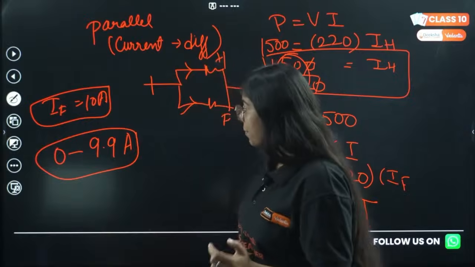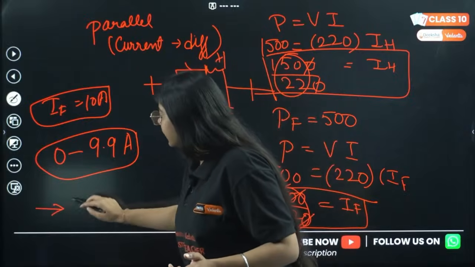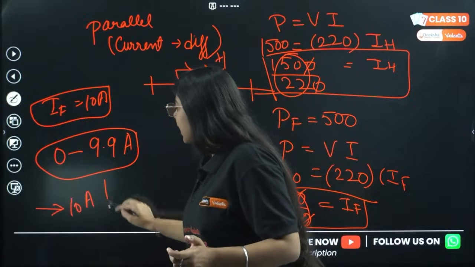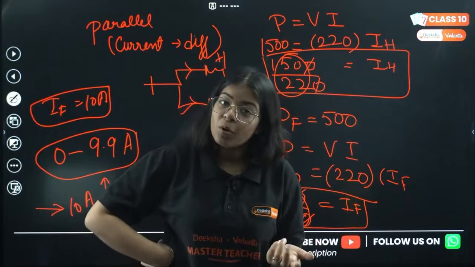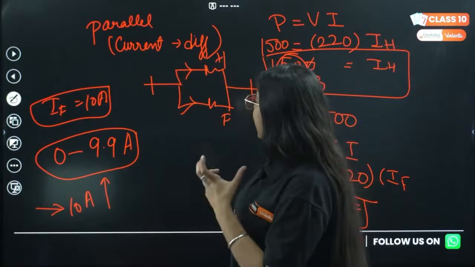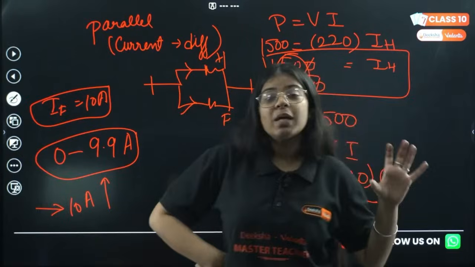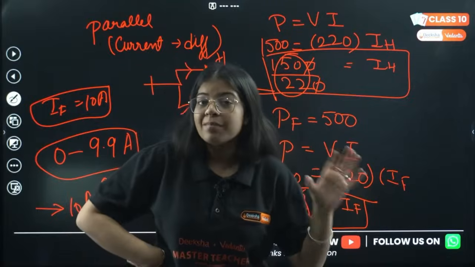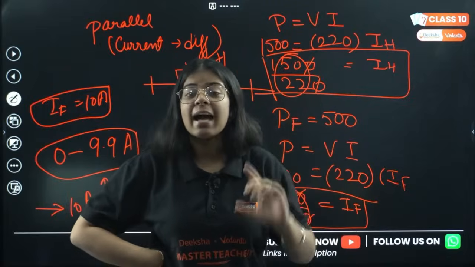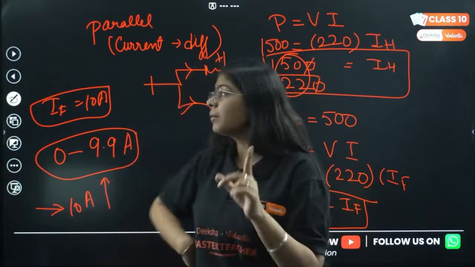But if more than 10 ampere current passes through my fuse, then it will blow up. So tell me in the comment section, will the heater and fan blow it up? Will these consume more current than the fuse limit or not?